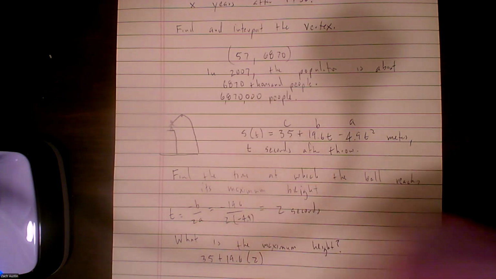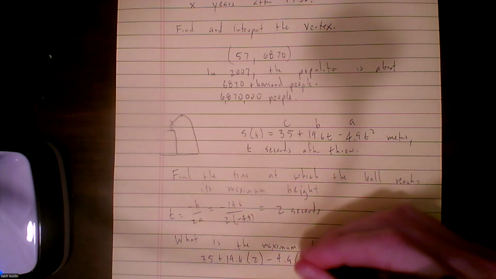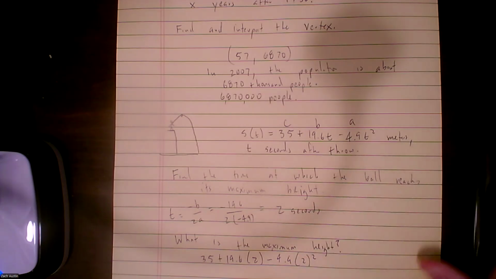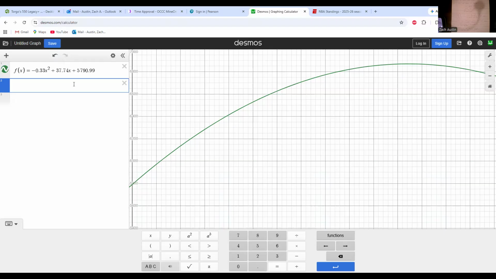Okay, I'll go throw that into Desmos real quick over here, and we'll see what we get. Two squared's 4, so I'll just throw that in like that. So I would get 54.6 here.